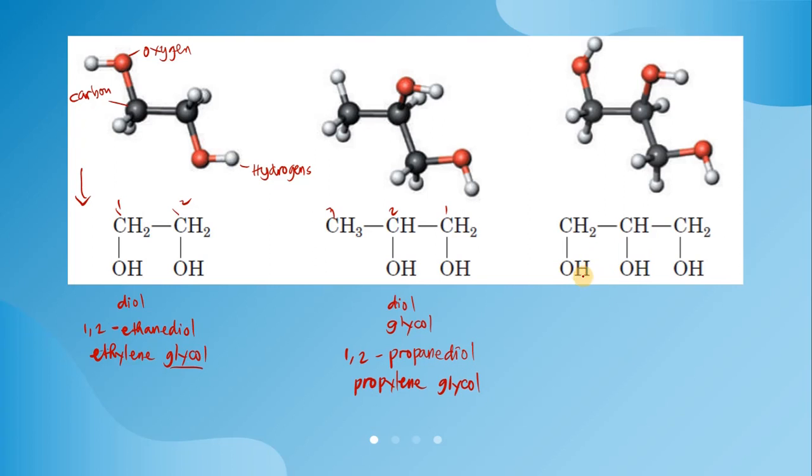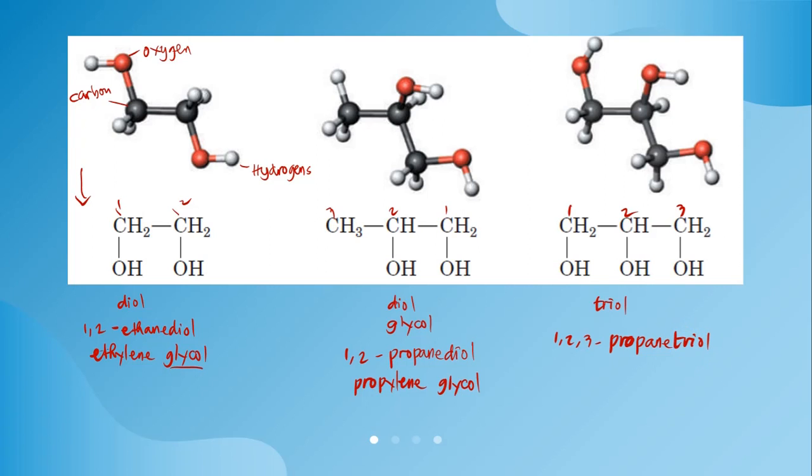Next, this is a triol now, because there are three OH. This is a glycol, yes, because they are still in sequence. How should we write the numbers? You can start on any side, because it's equal, all are OH. So 1, 2, 3. Still a propane, but this time it's a triol.